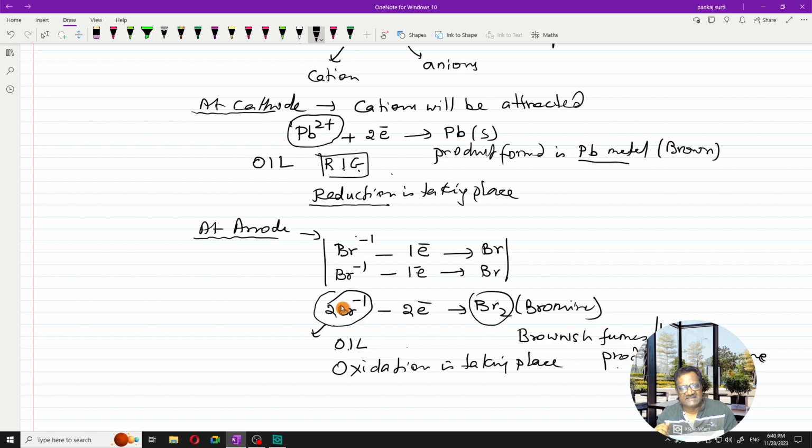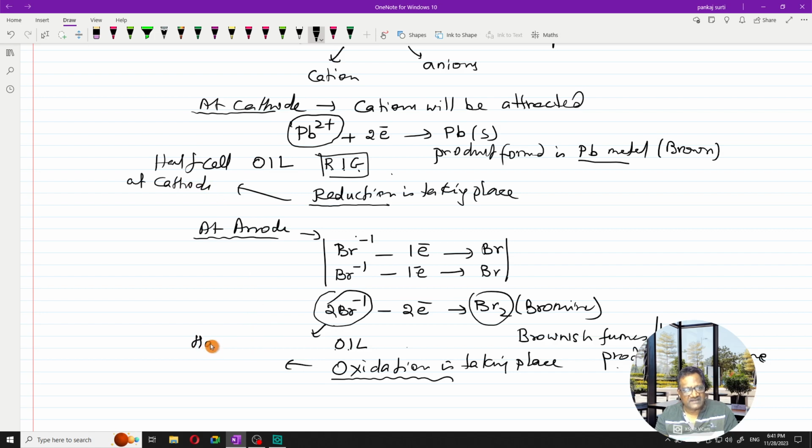Here at the anode there is a loss of electrons, so the process is oxidation, and these are known as the two halves. This is known as the half cell reaction. This is the half cell reaction at the cathode, and this is the other half cell reaction at the anode.